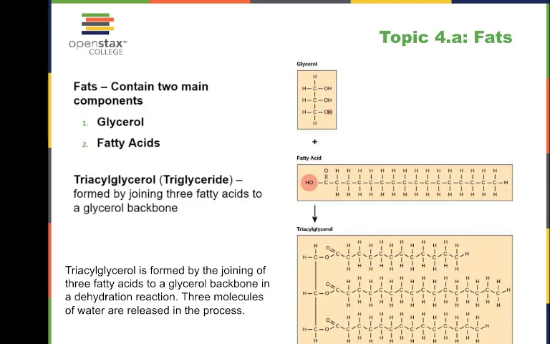So the first subcategory of lipids are fats, and fats contain two major components, glycerol and fatty acids. So we have a glycerol plus three fatty acids will become triglycerol, or also called triglyceride, and the backbone is formed by these three fatty acids, which undergoes a dehydration synthesis reaction.